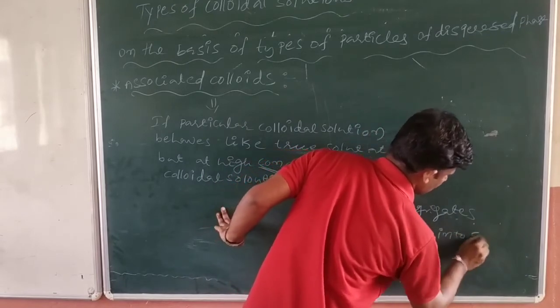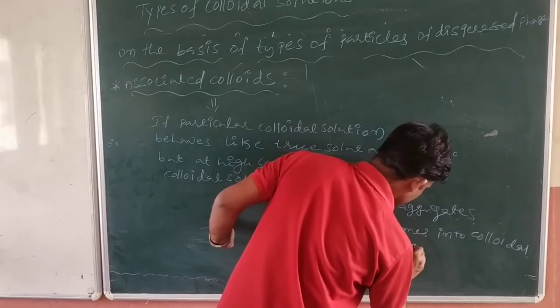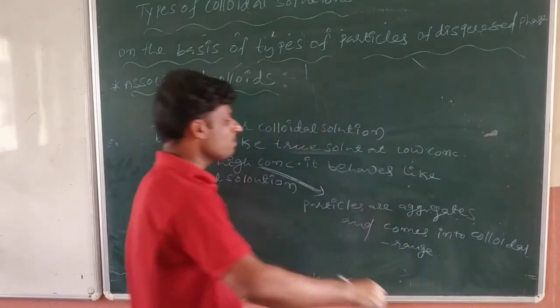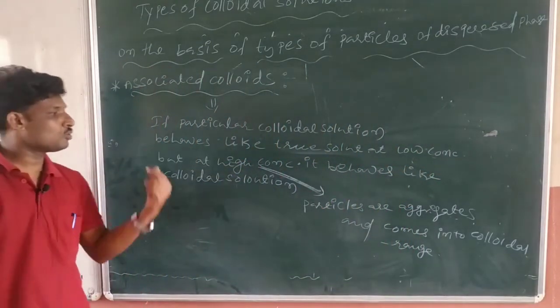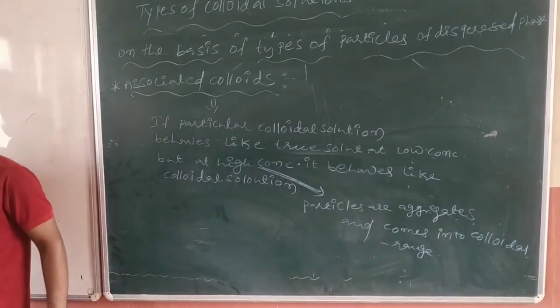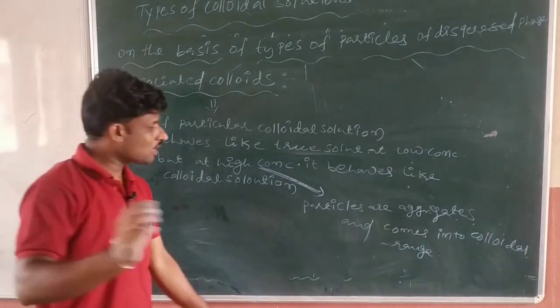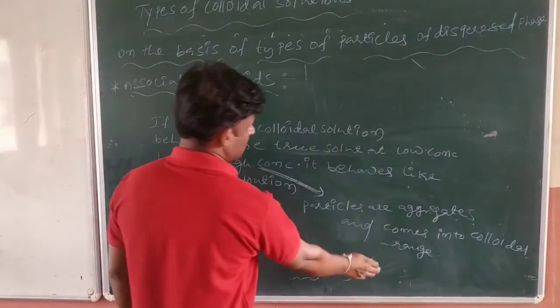Are you getting my point? So that's why they behave sometimes like true solutions, sometimes like colloidal solutions. These are generally called associated colloids.